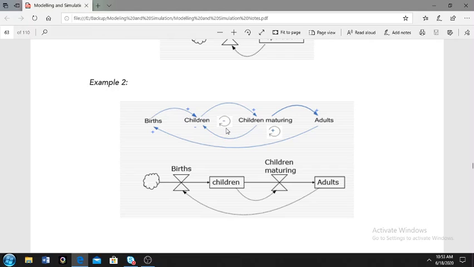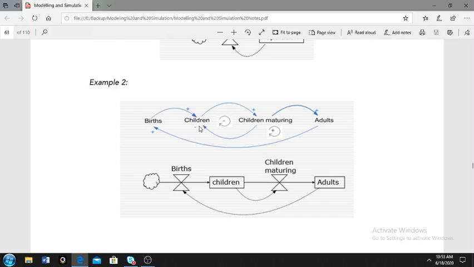The first thing to do is to understand what is a stock and what is a flow. Both are flows because they influence the stock of children.